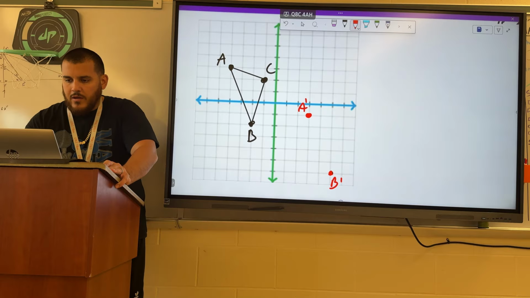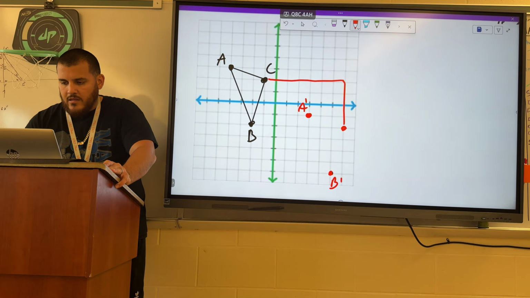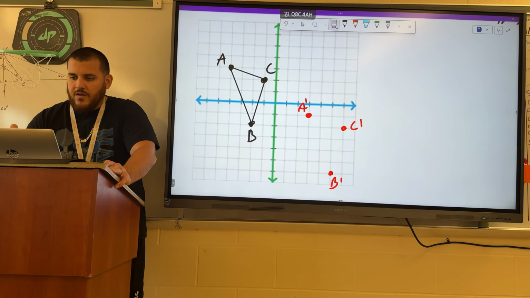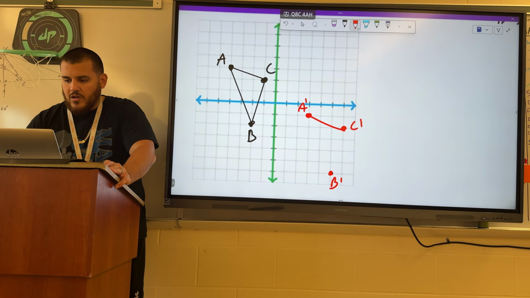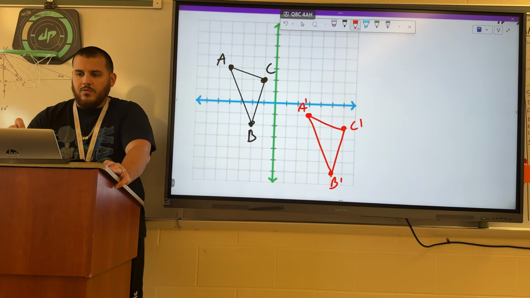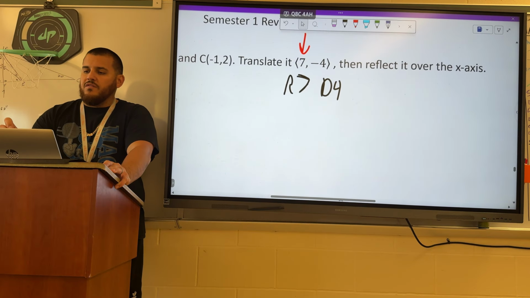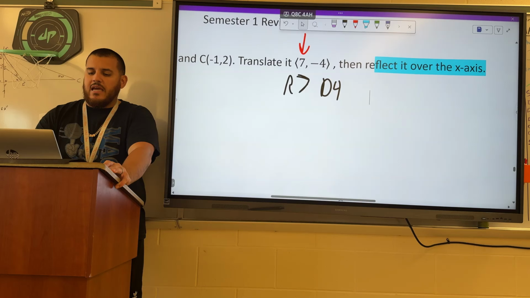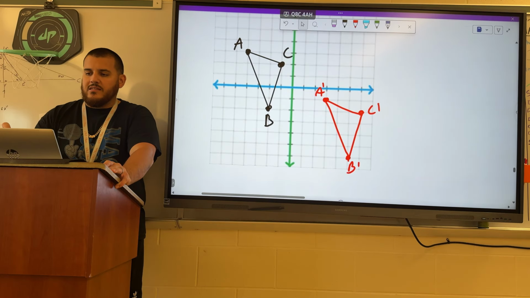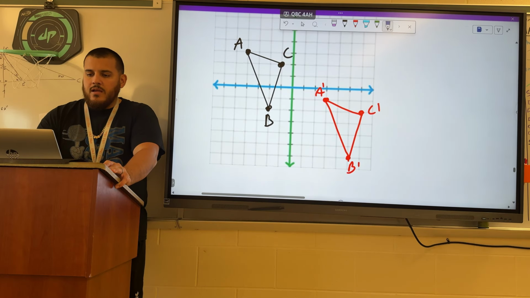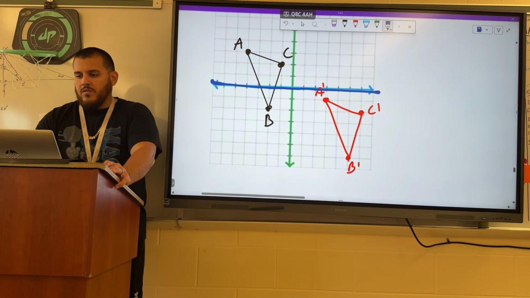And then we have C prime. So we're going 7 to the right, 4 down. There is C prime. So that is our first image for a triangle ABC. Got A'B'C'. Then we're asked to reflect this over the x-axis. So our x-axis is our blue line here. I'm going to make that stick out a little bit more with this.